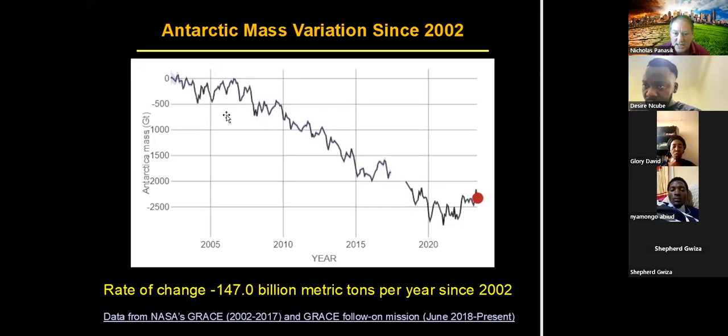And what we're seeing is a significant decrease in the total gigatons of ice. A lot of this is measured from satellites orbiting the Earth, taking pictures. We can calculate the amount of mass that's disappearing. And so we're seeing an average rate of change of about minus 147 billion metric tons per year. So that's gigatons. So 147 gigatons per year since 2002.